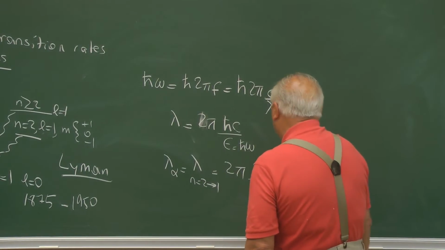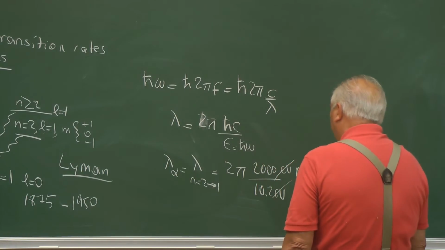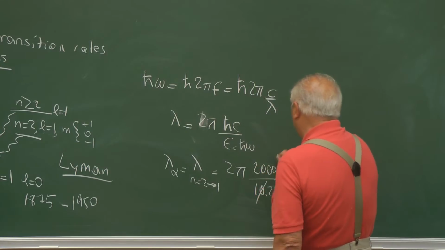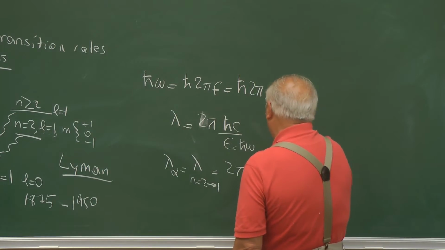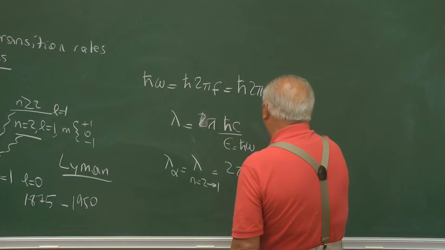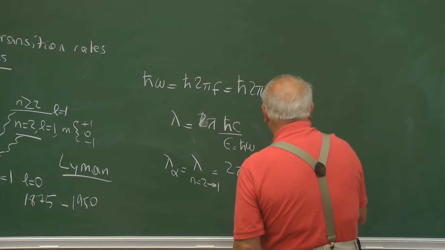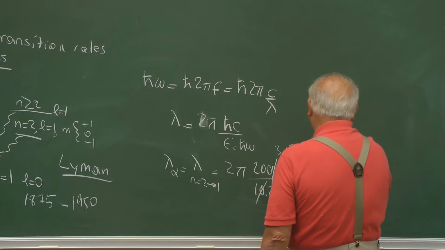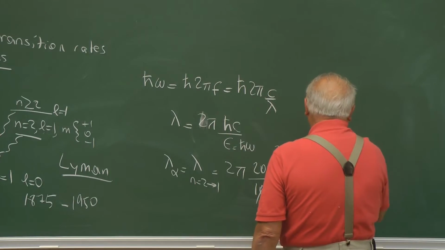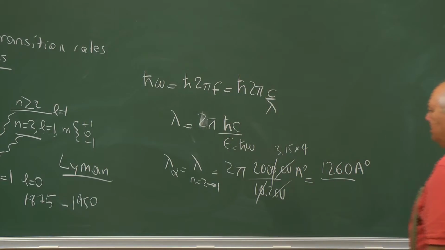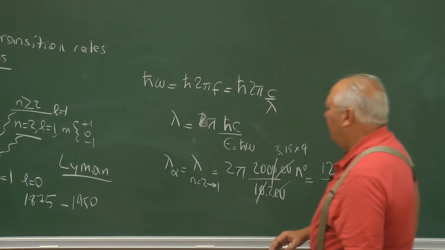So this cancels. Let's say this is 10, and this is 4, 315 times 4, roughly 1260 angstroms.